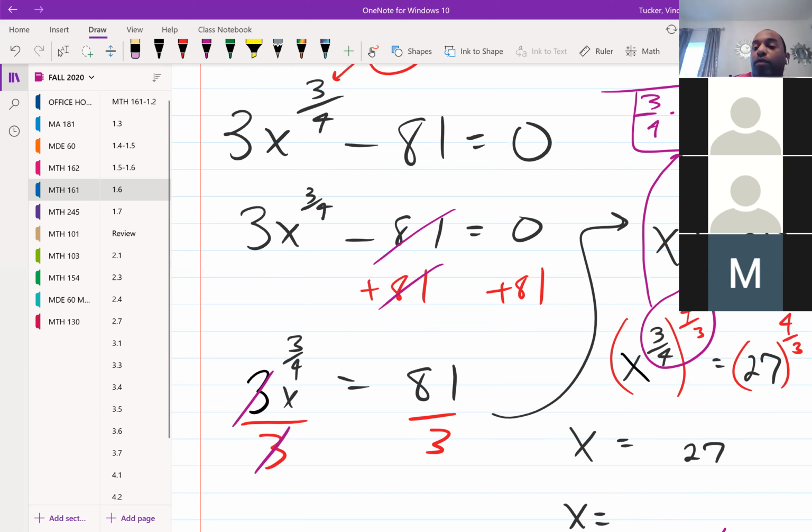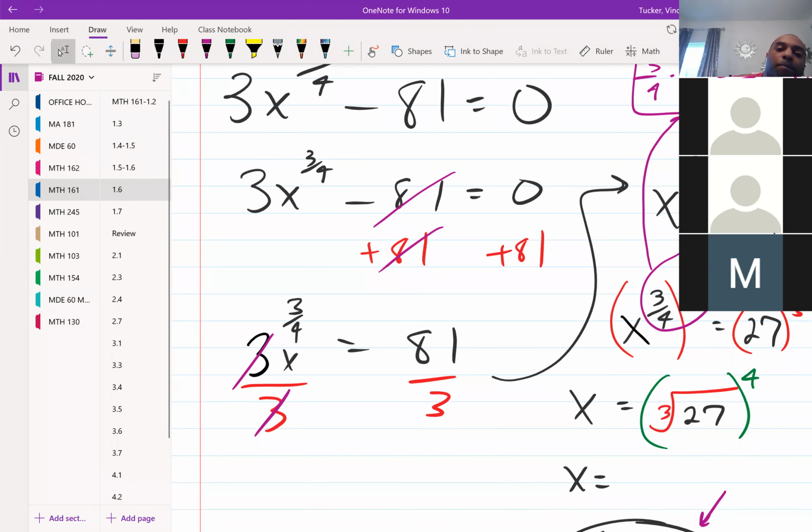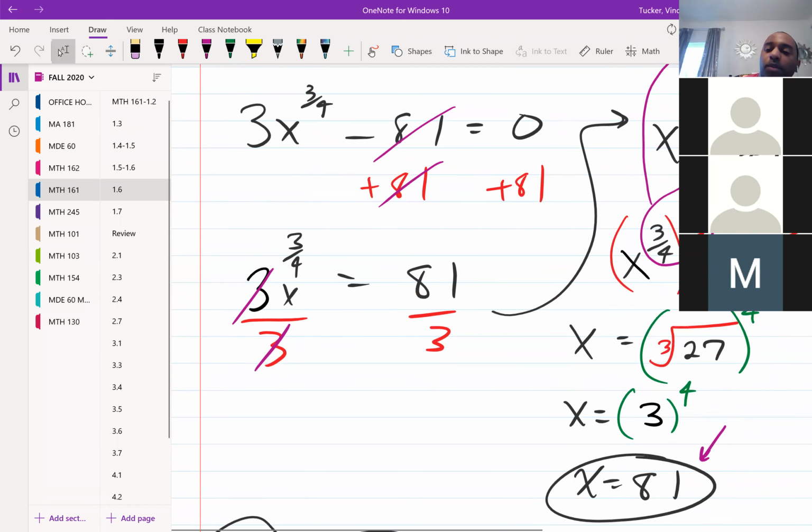And so now applying the 4/3, the 27 to the 4/3 power, I'm going to take the cube root of 27, raised to the 4th power. Remember, your numerator is your power, denominator is your root. Cube root of 27 is 3. 3 to the 4th power is 81.